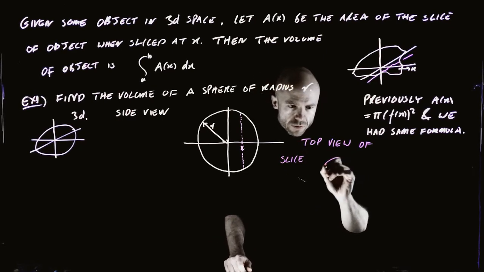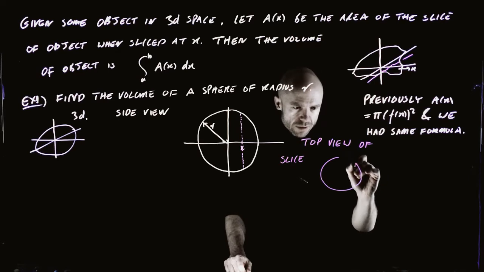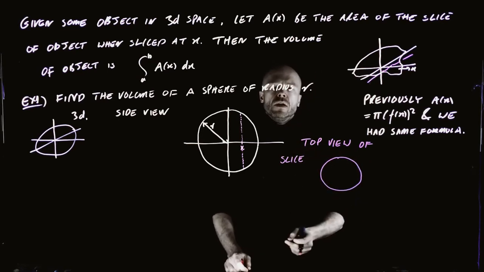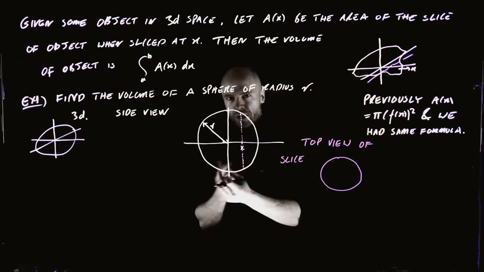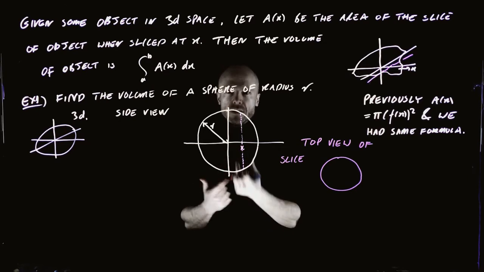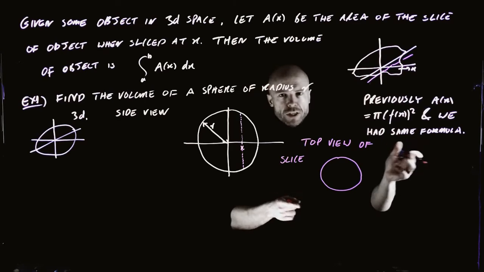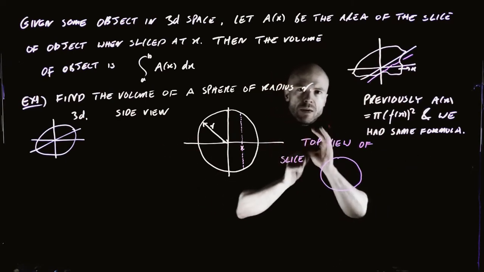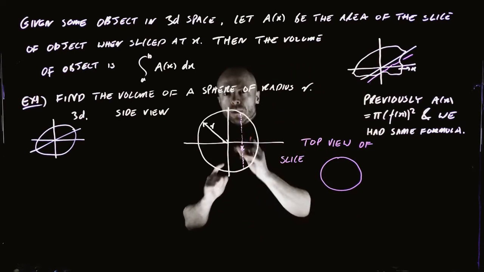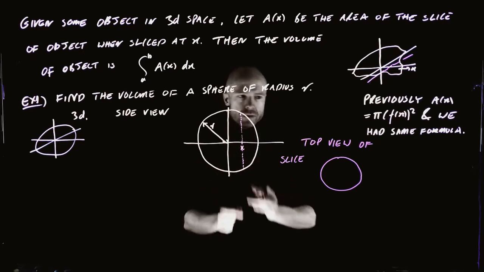So let's make the convention that when I say slice, it means this zero thickness slice. And when I say slice with some thickness or thin slice, it means there's a little thickness there. Now that we've done this procedure and we believe this formula, we're almost always going to be talking about just slices with zero thickness.